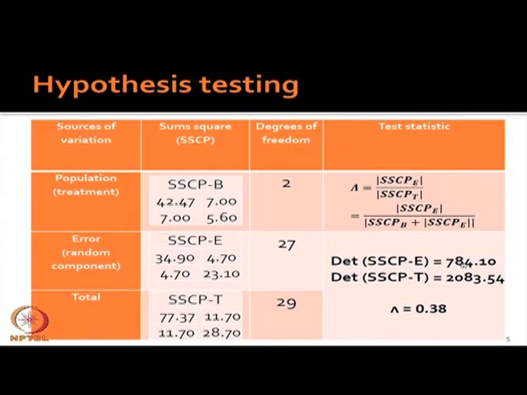So, your determinant of SSCP E is 780.10, the determinant of SSCP total is 2083.54. Now, if you take the ratio, you will be getting lambda equal to 0.38, correct. Now, what will be the log lambda?